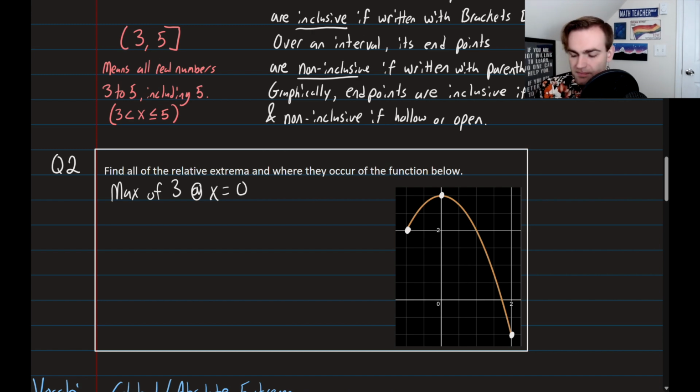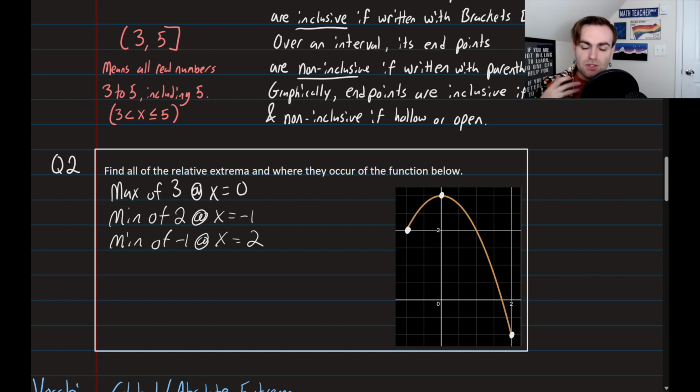Lowest meaning minimum, highest would be a maximum. So in this case, we have two minimums. We're going to say we have a minimum of 2 at x equals -1, and we have a minimum of -1 at x equals 2.